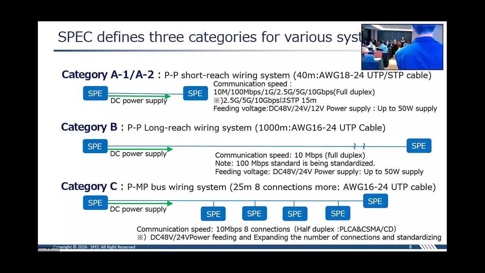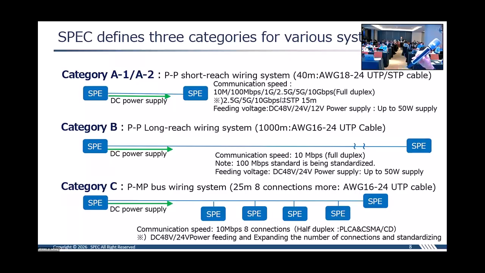But when we are installing by using a bus type of topology, in this case, we have to take care of voltage drop carefully. Usually, how long is the maximum for the 48 V in your experiment at SPE? Okay.